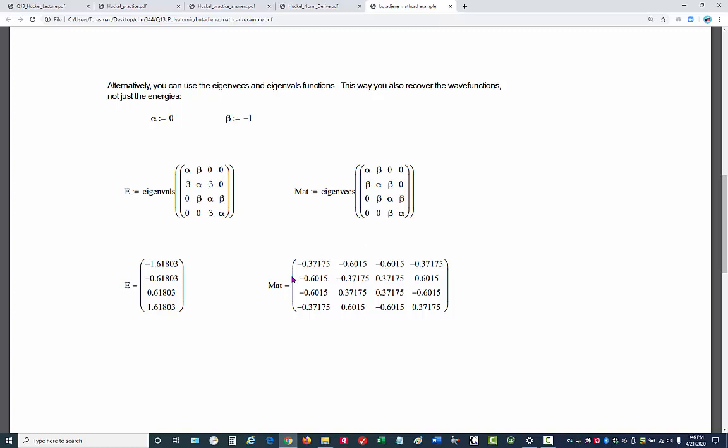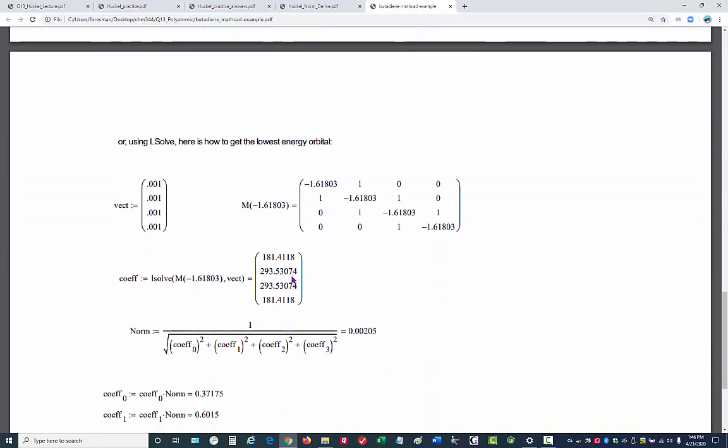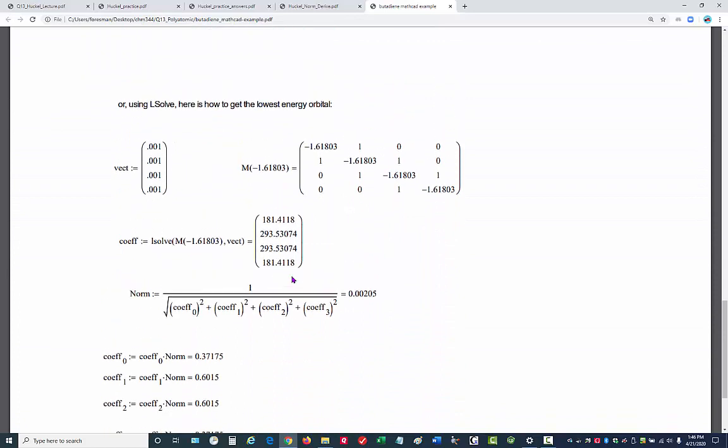There is yet another way that MathCAD can solve this. It's using LSolve, and I just want to show you that here. We start out defining this unusual quantity, which is the vector, just putting in small numbers for each element. We can put in the diagonal elements.